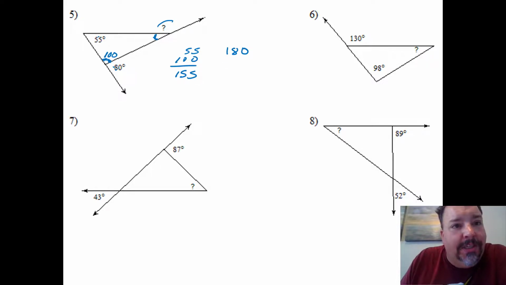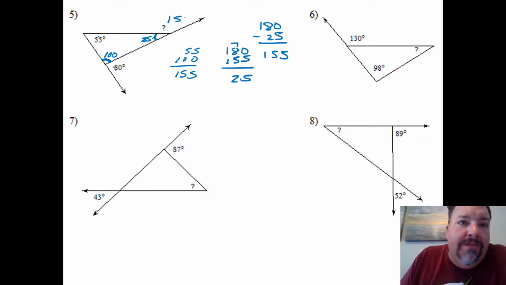So 55 plus 100 plus whatever this is better add up to 180. So if we take 180 minus 155, that is going to come out to 25. So this angle has to be 25. And then if I want to find the angle on the outside, I would take 180 minus 25 because they're supplementary, and that would give me 155.